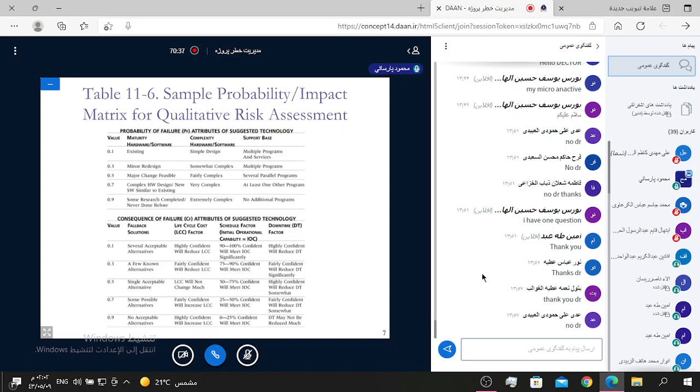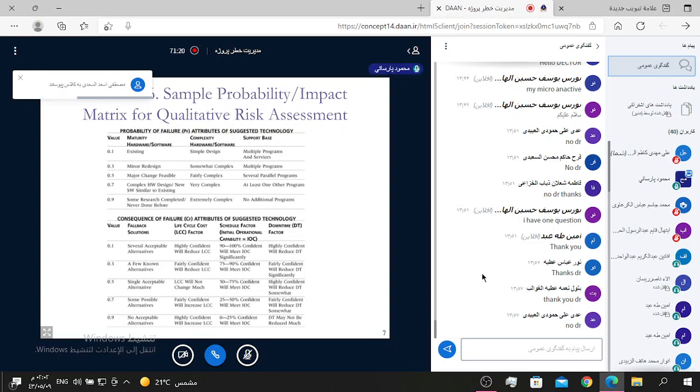From the left, the value of probability, such as 0.1, 0.3, 0.9, and the second column from the left is maturity hardware or software. The next column is complexity hardware or software, and the last one is support base.